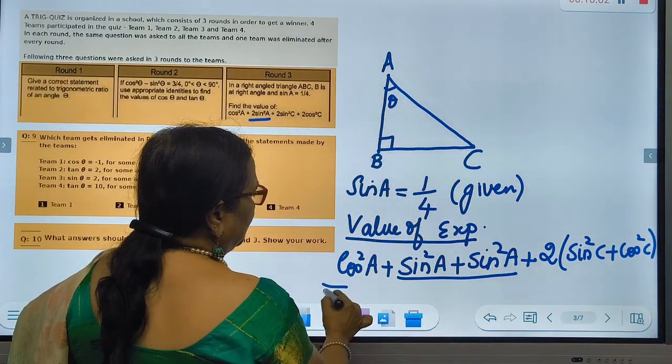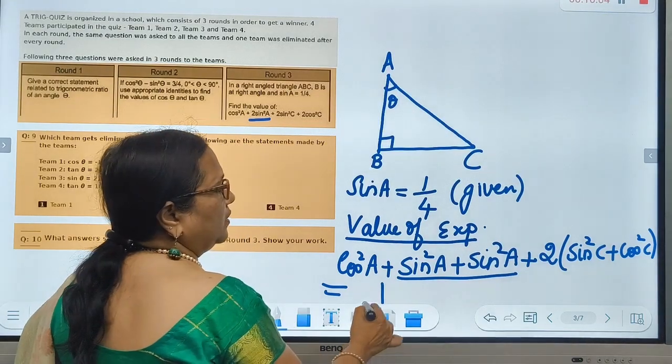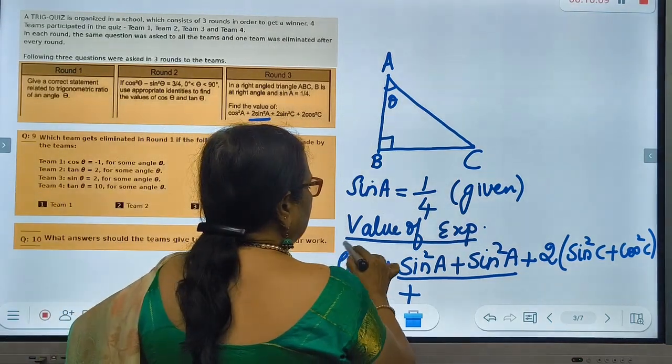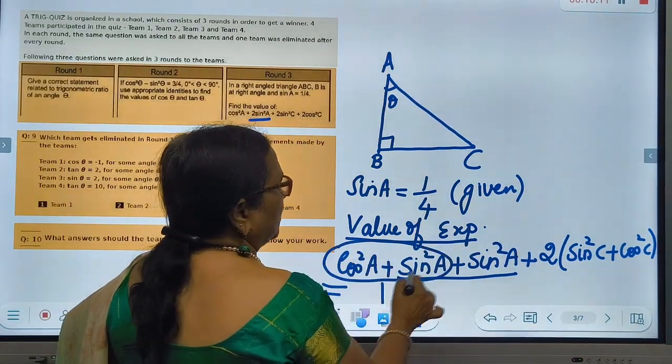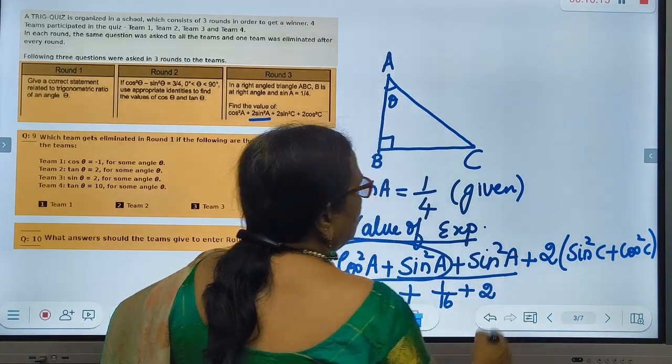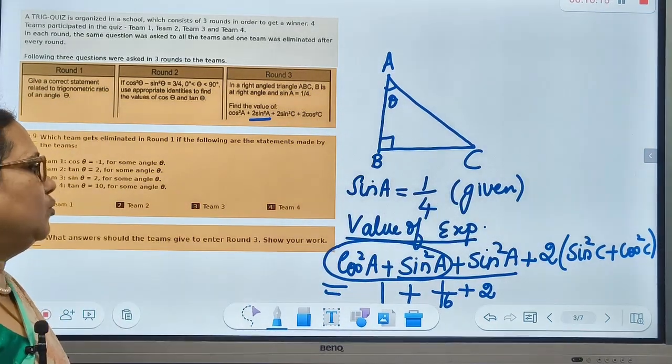Now, this will be cos square A plus sin square A, which is 1, plus sin square A, which is 1 by 16, plus 2 into sin square C plus cos square C, which is again 1.